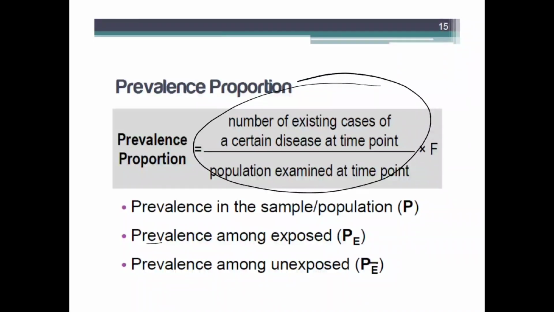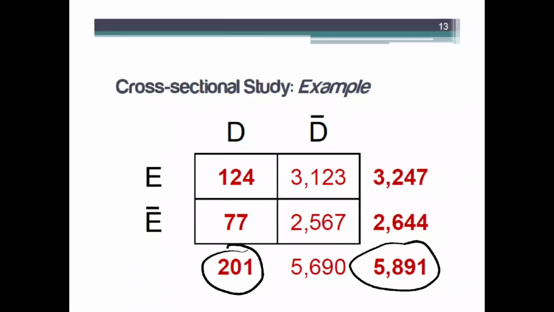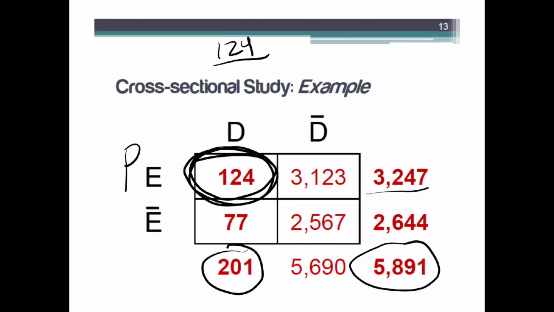Okay. So, prevalence among exposed and prevalence among unexposed naman. Prevalence among exposed, PE is ito. Yung mga nagkaroon ng breast cyst na uminom ng OCP, 124, over yung total ng mga uminom ng OCP, 3247. Tas times the factor 100.